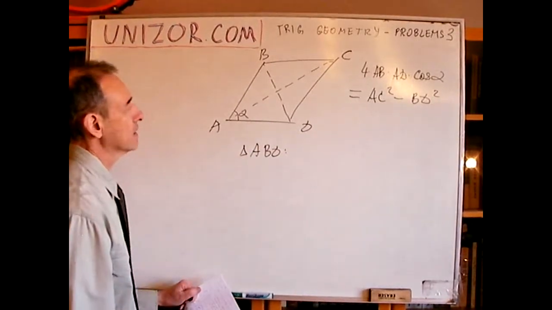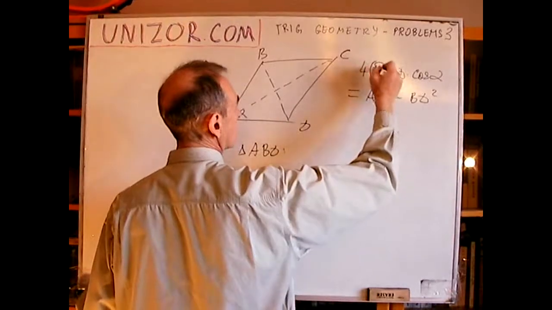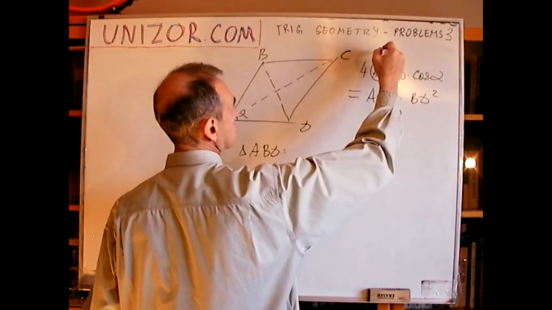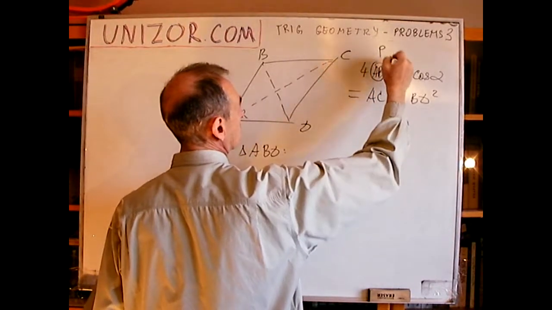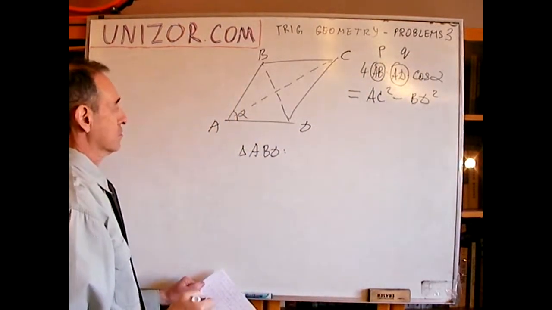law of cosines is, well, let me just call this side P, and this side Q, just to make it easier.